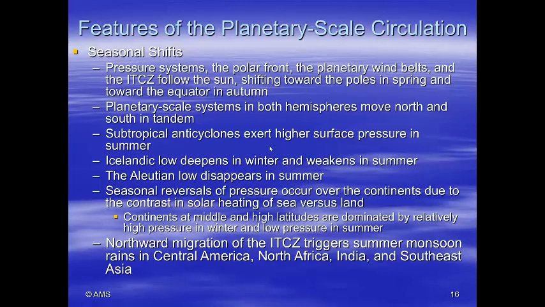We also see that seasonal shifts take place. So the pressure systems, the polar front, the planetary wind belts, and the ITCZ, the intertropical convergence zone, follow the sun. So what's going to happen is they're going to shift poleward in the spring and shift towards the equator in autumn.